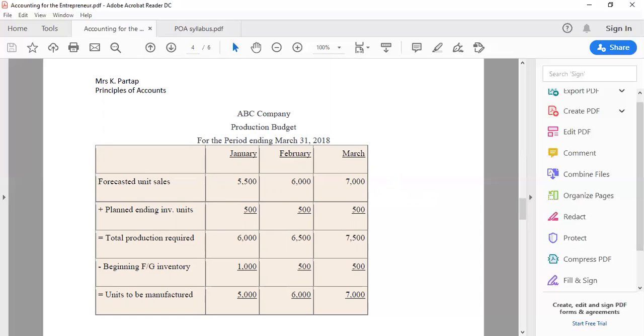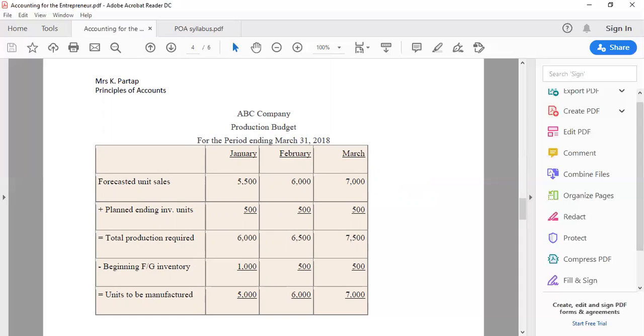so we have the total amount that we are requiring. But if we had 1,000 when we started January, it means we don't have to produce that 1,000 to get the total amount required. So we are going to minus the beginning inventory. At the beginning of January, we had 1,000. We need to make 5,500 to sell, and we want to have 500 at the end.